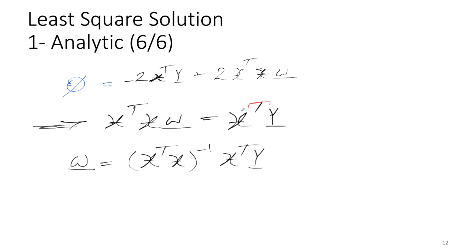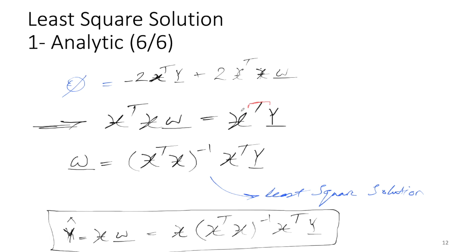and then finally you're going to have your W as that pseudo inverse, and this is going to be your least square solution. So Y hat equal to XW is your matrix X multiplied by X transpose X, all inverted, X transpose Y. So that was the proof of the least square solution.